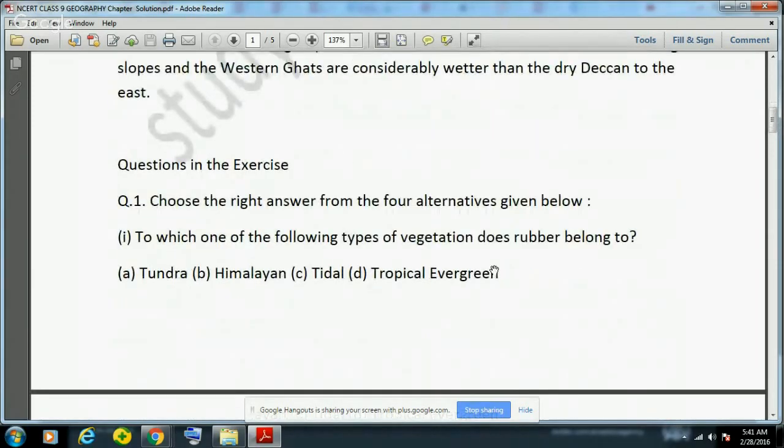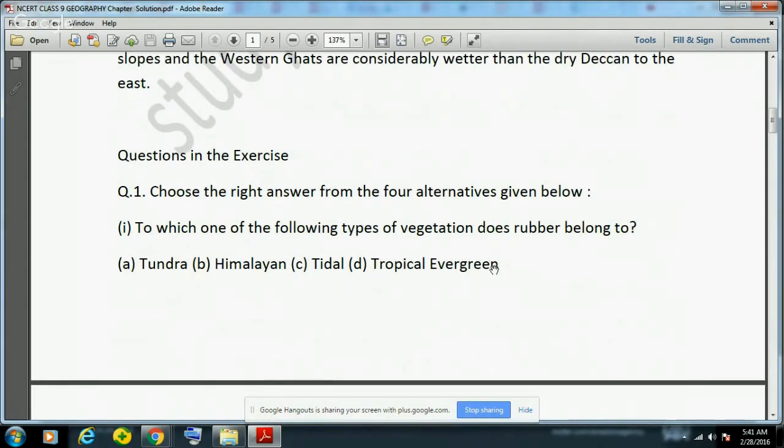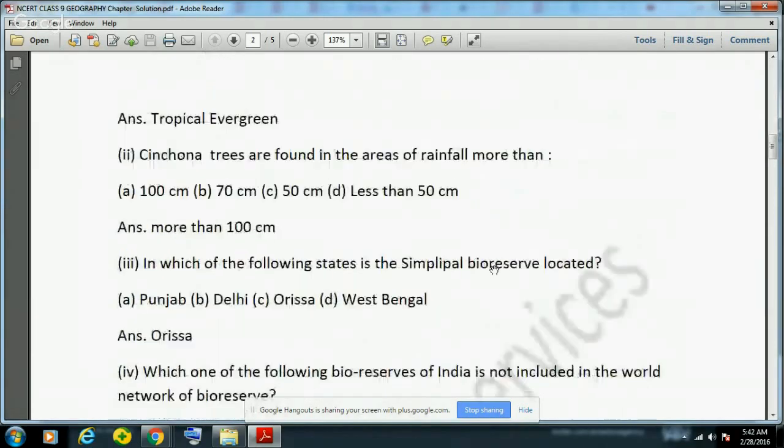Now the objective exercises. To which of the following types of vegetation does rubber belong? Tropical evergreen, so the first answer will be D. Cinchona trees are found in the areas, and cinchona is a tropical evergreen species, so the rainfall needed would be more than 200 centimeter, but here only 100 centimeter is given, so the answer would be more than 100 centimeter.